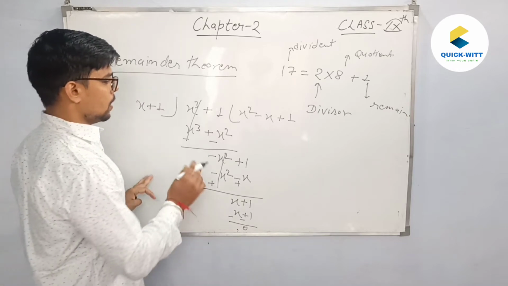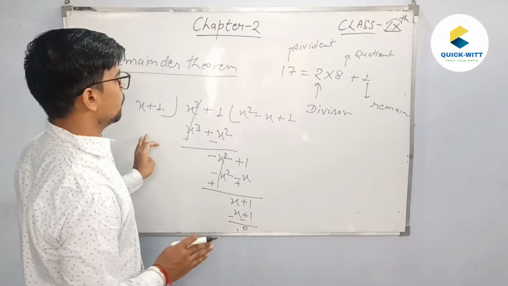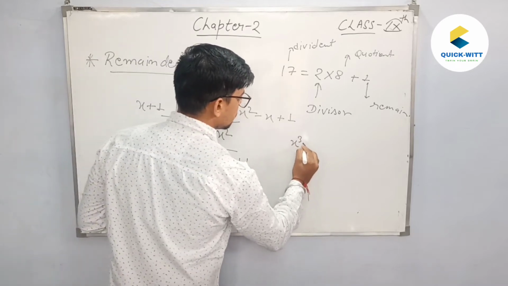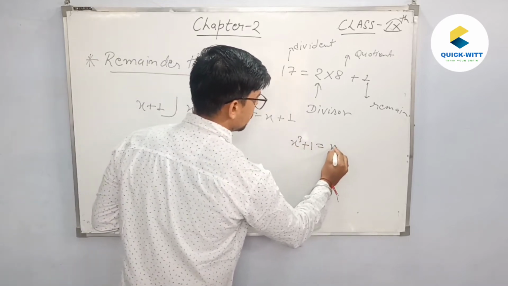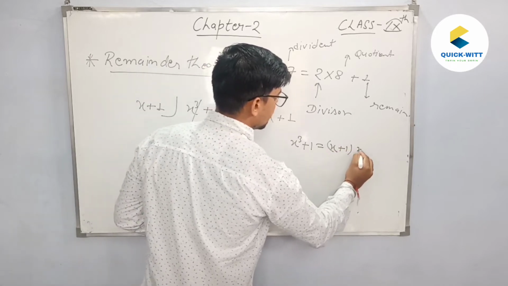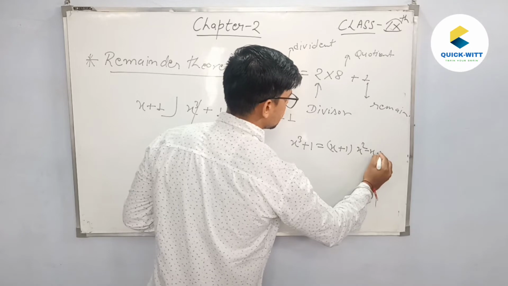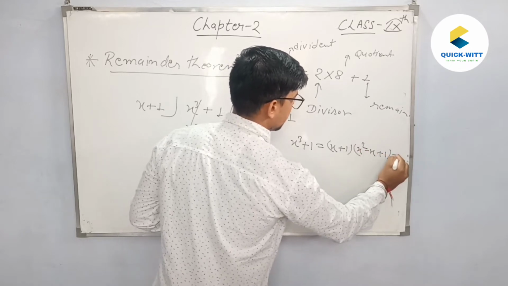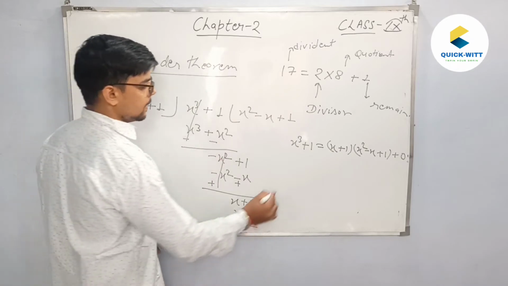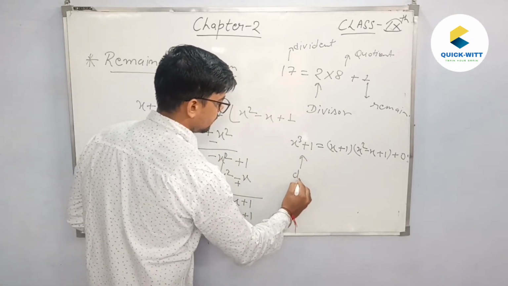Okay, so now I will write this polynomial in this way. Here x cube plus 1 is equal to x plus 1 multiplied by x square minus x plus 1, plus 0. So what will I get? It is the dividend.